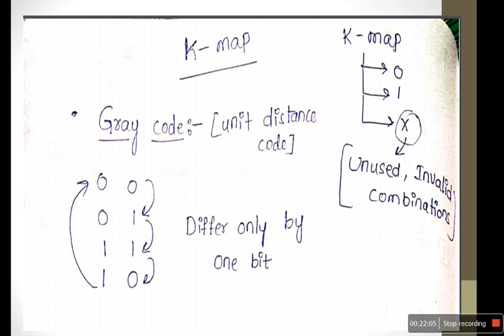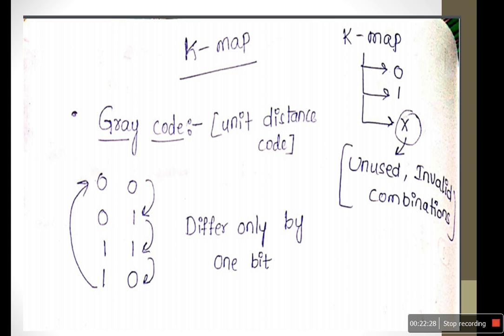So the next one is, whenever you have 0 and 1 in the logical expression, you need to reduce that expression by using Boolean algebra methods or De Morgan's law or some theorems. For example, if the output expression has 0, 1 and don't care, in that case you may go for the K-map.